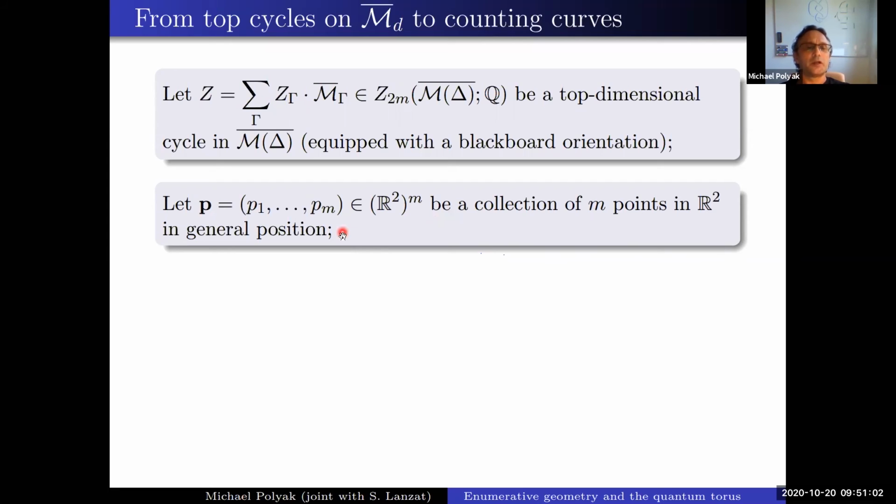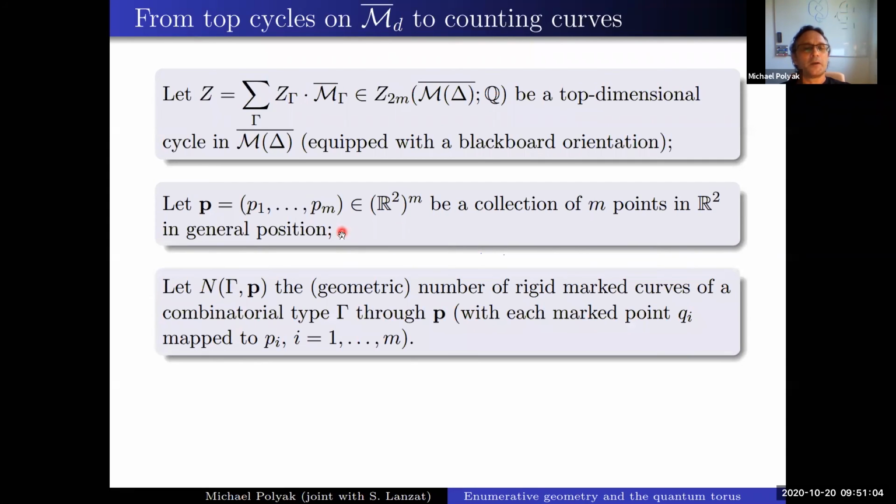and then of all possible types, passing through this specific collection of m points. And the way to do it is the following. So let me just do this first. I just naively look at the number of these region-marked curves of a fixed combinatorial type, where this collection of marked points, remember that there was also exactly m marked points, coincides now to P under this evaluation map.